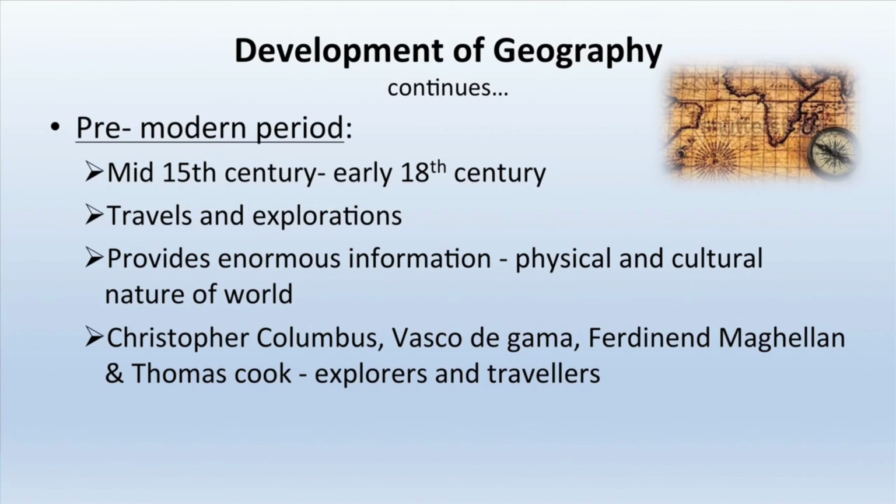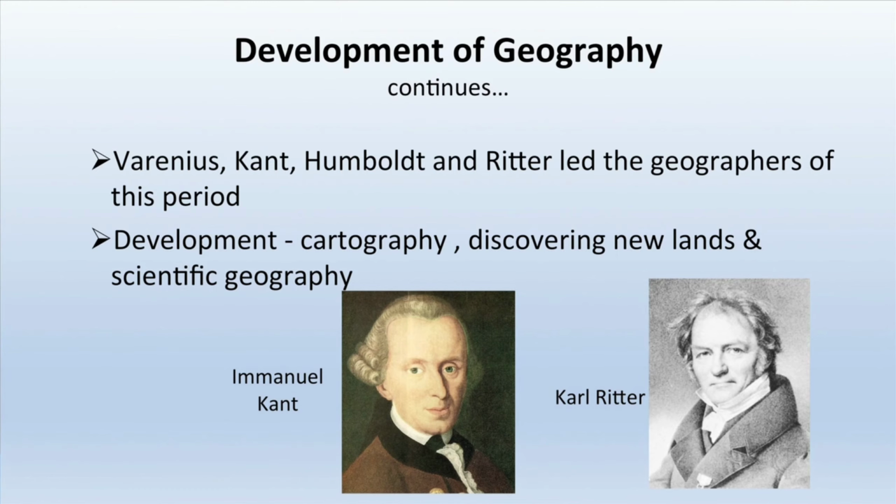The famous explorers of this time were Christopher Columbus, Vasco da Gama, Ferdinand Magellan and Thomas Cook. Some of the geographers during this period were Varenius, Kant, Humboldt and Ritter, who led the geographers of this period. During this period the development of geography was mainly in the field of cartography, discovering new lands and scientific geography.